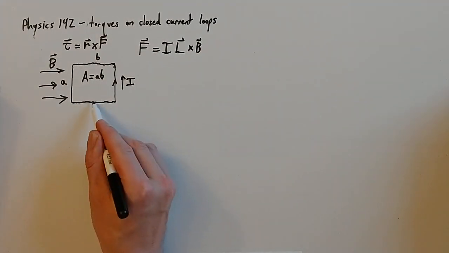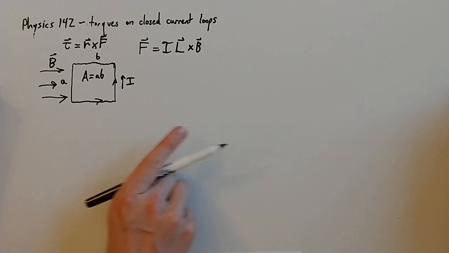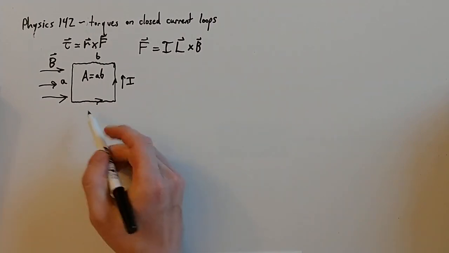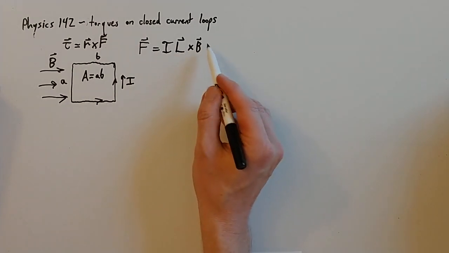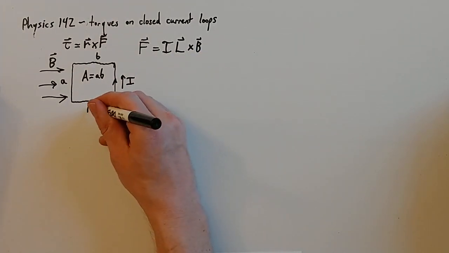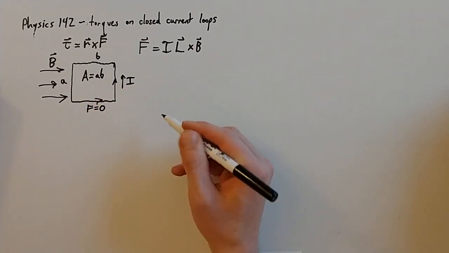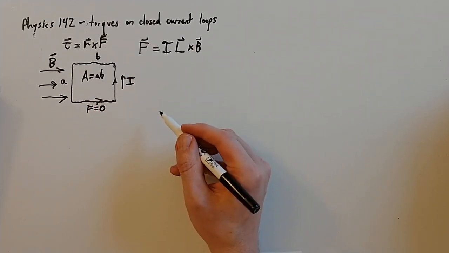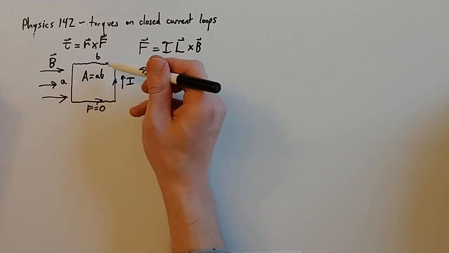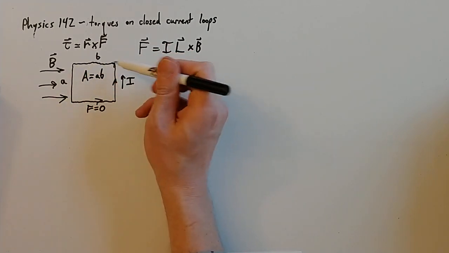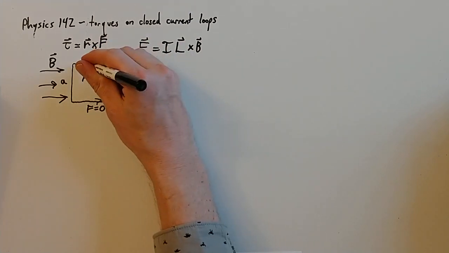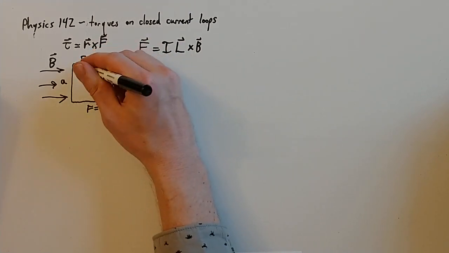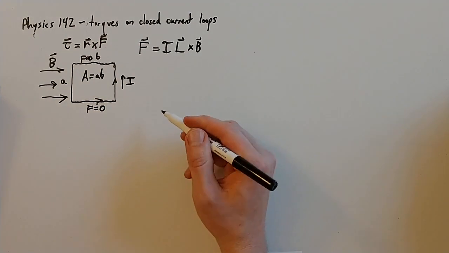In this segment here, I have current running in the same direction as B. Anytime L and B are in the same direction, you'll get a sine of 0, and that makes the force 0. So in this chunk of the wire, the force from the magnetic field will be 0. Similarly, when you're running opposite to the magnetic field, again you're not crossing it at all, and the cross product is 0. So here, the force in this segment is 0.